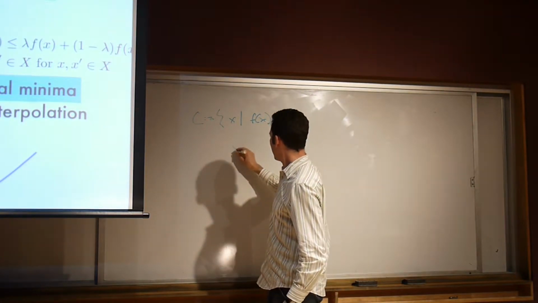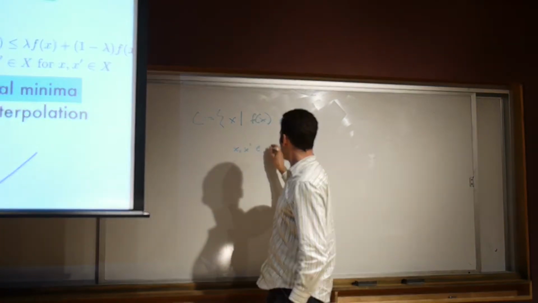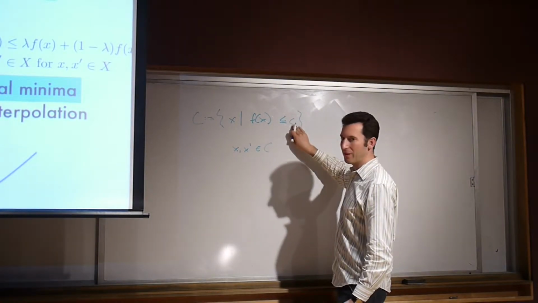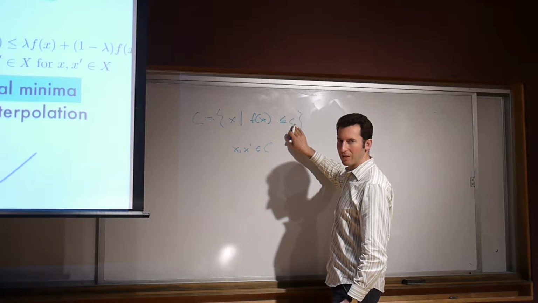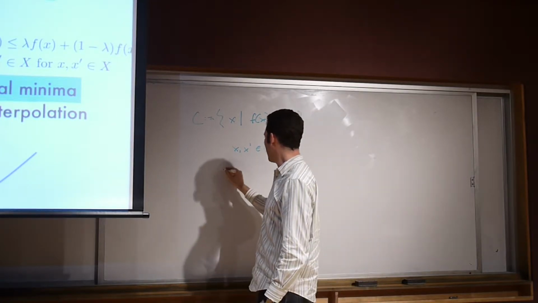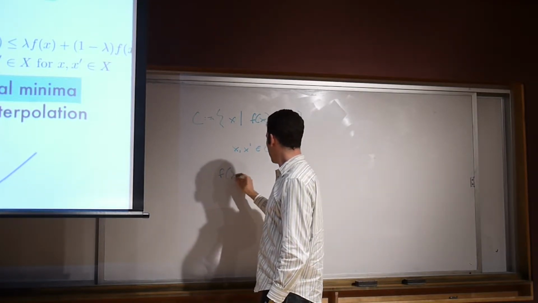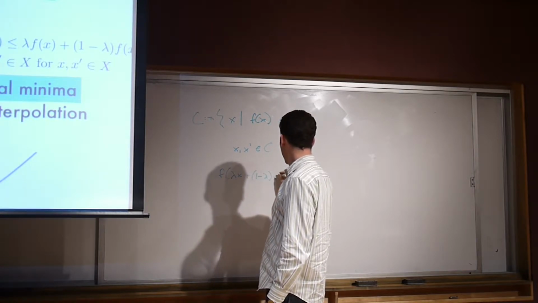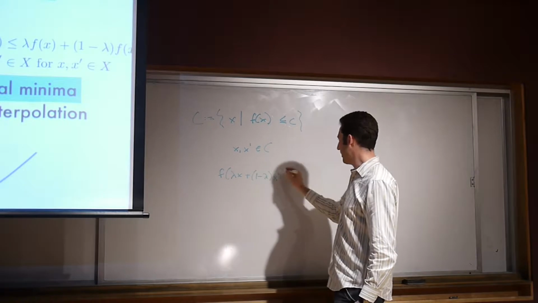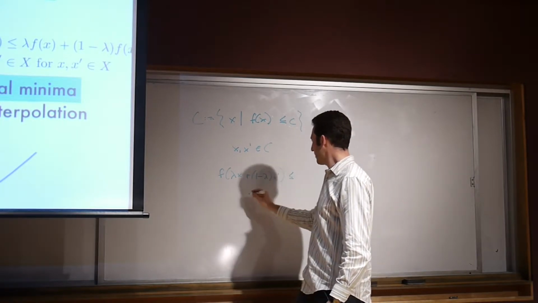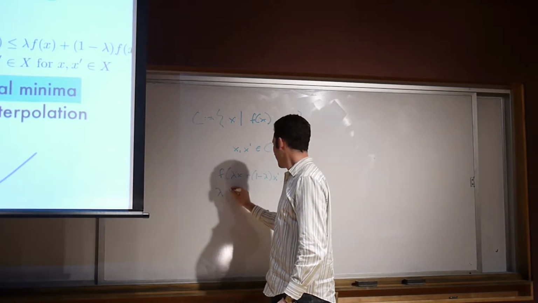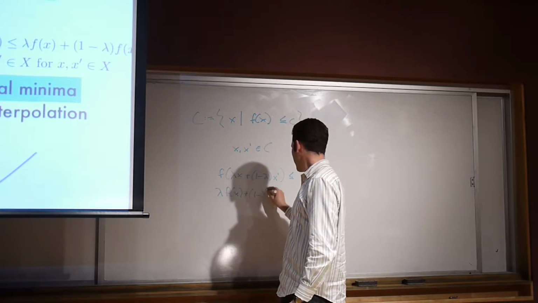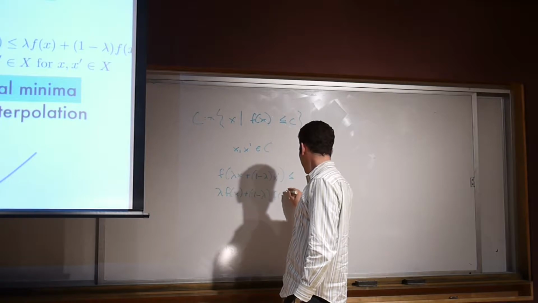Now, if I have x and x prime in C, then I know that for both of those this is satisfied. I also know that for any point on the line, f of lambda x plus 1 minus lambda x prime, by convexity of f, is less than or equal to lambda f of x plus 1 minus lambda f of x prime.